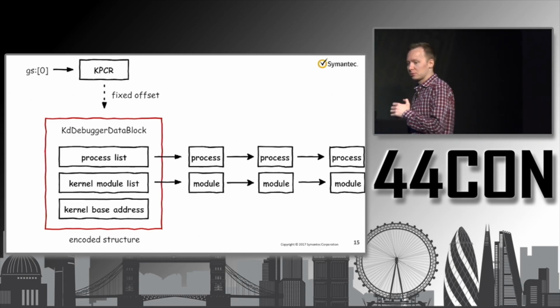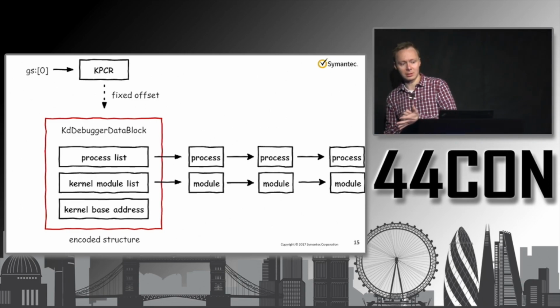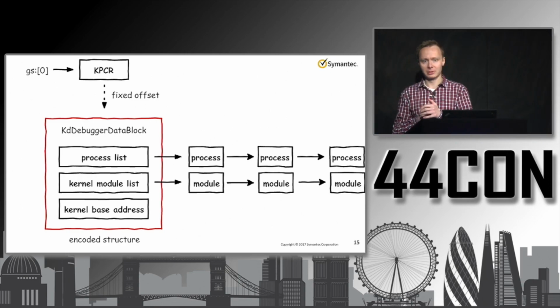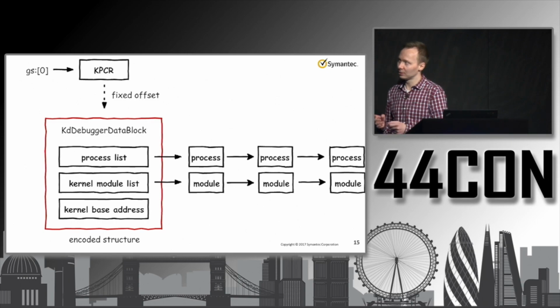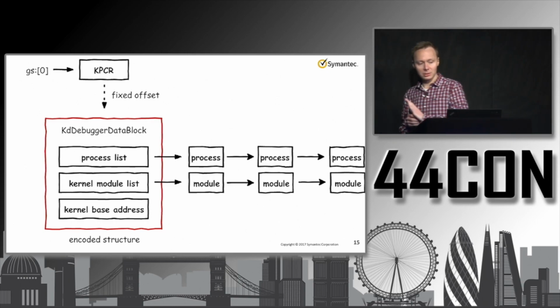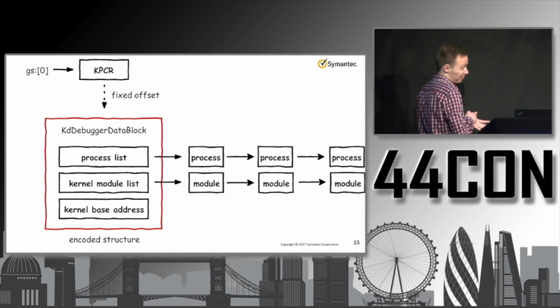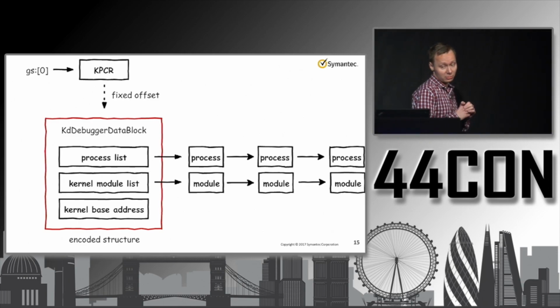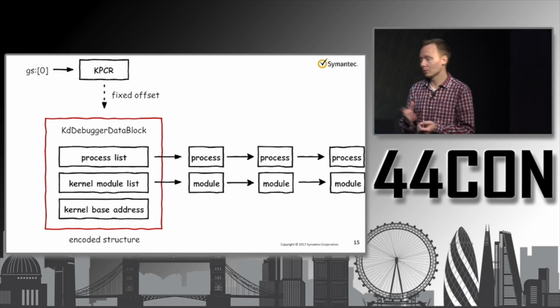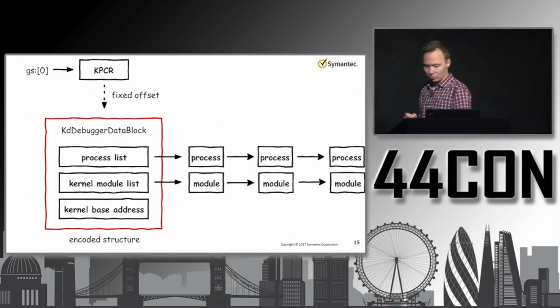The challenge is that it contains a lot of information that can be used if you want to write exploits, typically information leaks, such as the kernel's base address is in there. And I'm guessing that for that reason, they wanted to encode it. But it's quite similar to the other stuff.